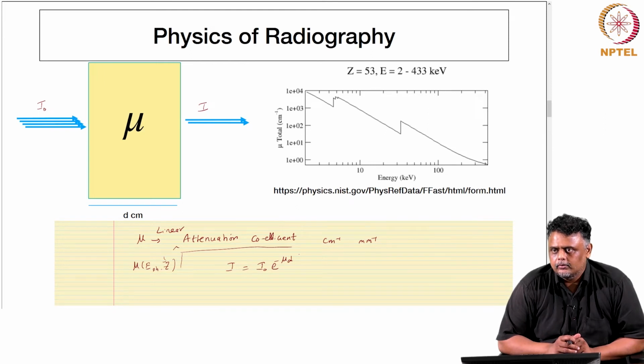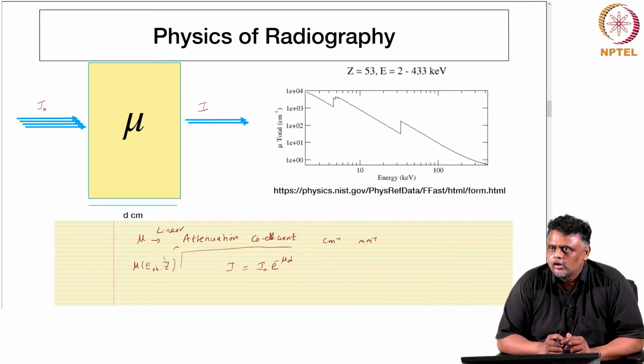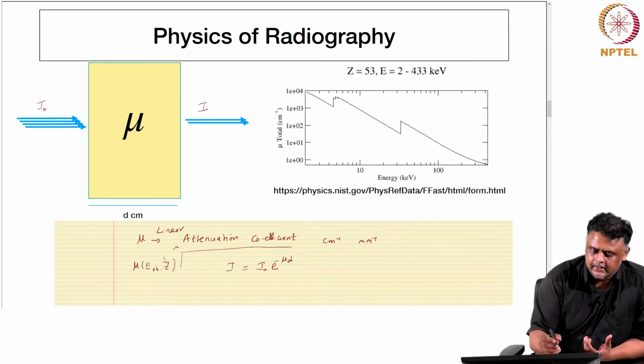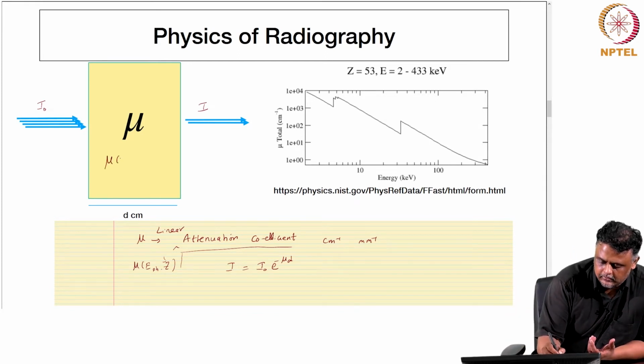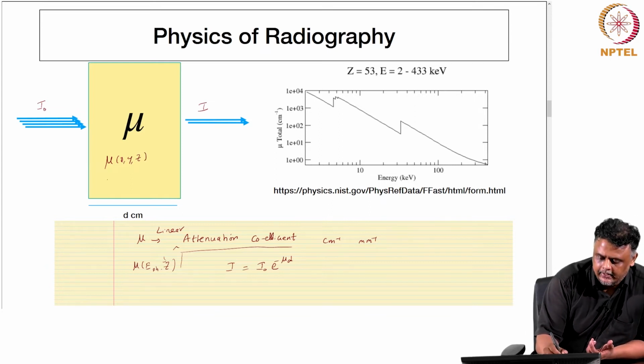Let us say it consists of only one type of atom, nothing else. But a human body, or generally most materials, is not like that. So mu is basically a function of x, where x is a vector.